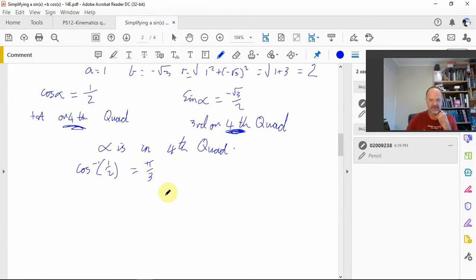So if it's in the fourth quadrant and pi on 3, for the purposes of this, we would go the closest way. So we're not going all the way around here. Well, you could, but we want to go the shortest way. And so alpha would be negative pi on 3.